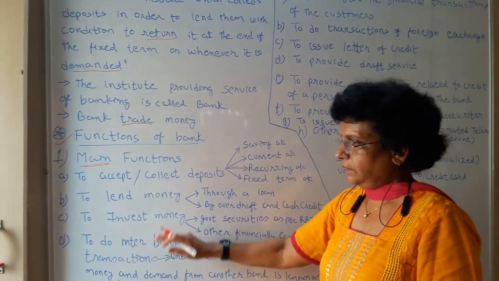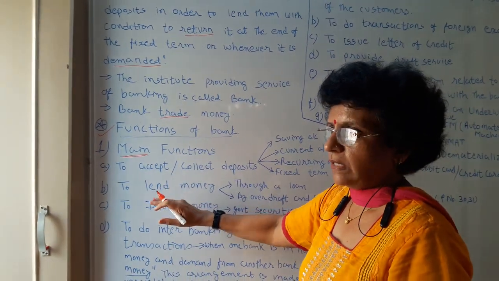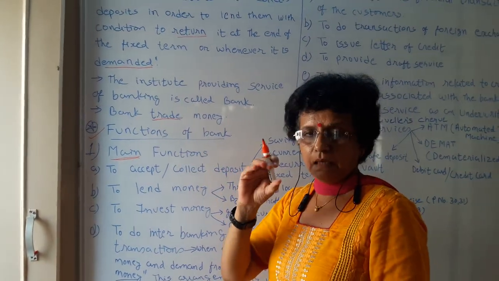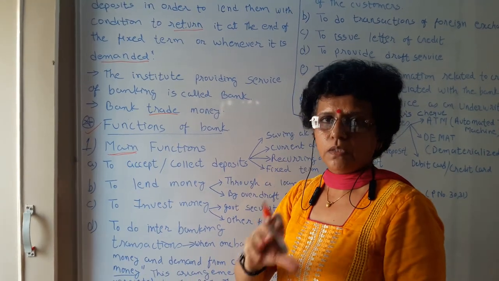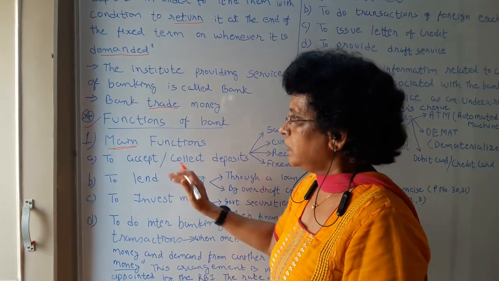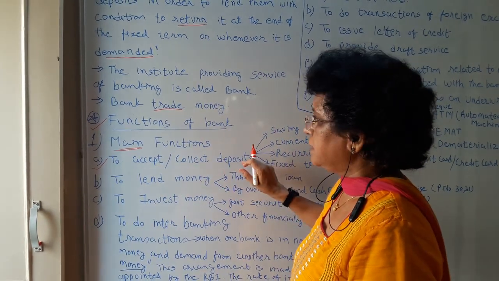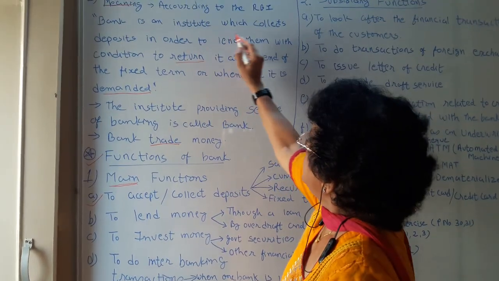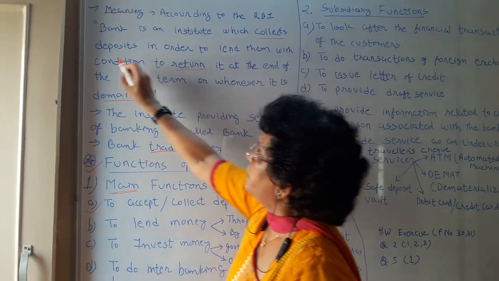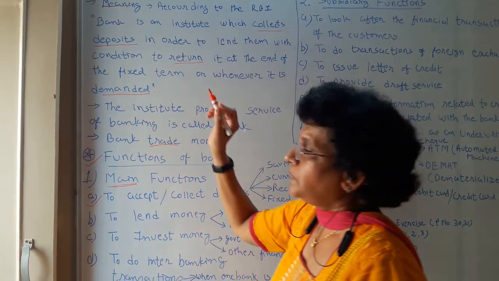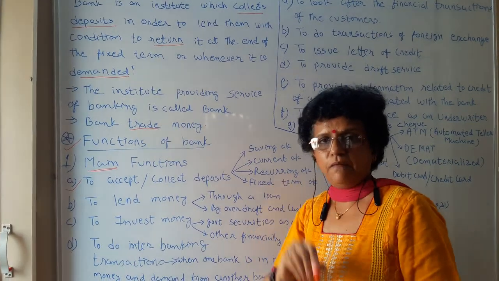Let us concentrate first on the main functions, the basic activities the bank has to do without fail. The very first is to accept or collect deposits, which is already mentioned in the definition.